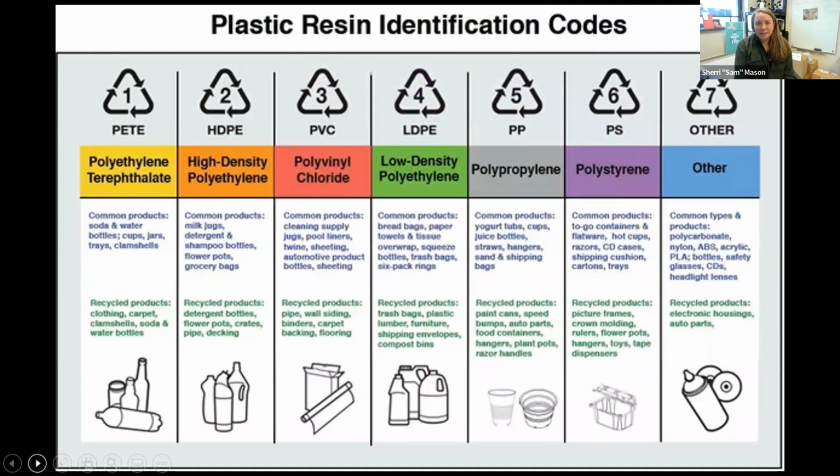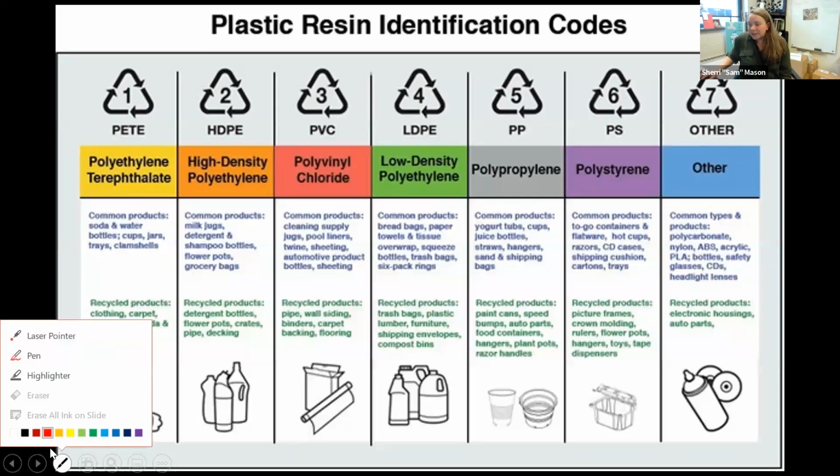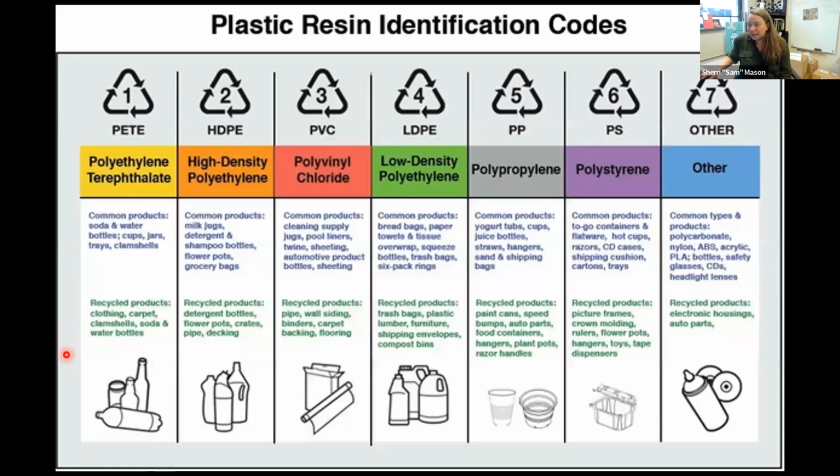One thing I always like to be really clear about, I love to talk about these resin identification codes because they typically comprise, if not a triangle, usually chasing arrows. And because of that, I've had many people tell me that means it can be recycled.